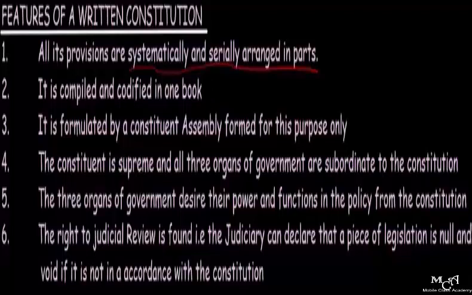Number 2, it is compiled and codified in one book. I said that earlier, like the textbook illustration I gave to you. I'm very sure with this illustration, you would always remember a written constitution. It is compiled and codified in one book.